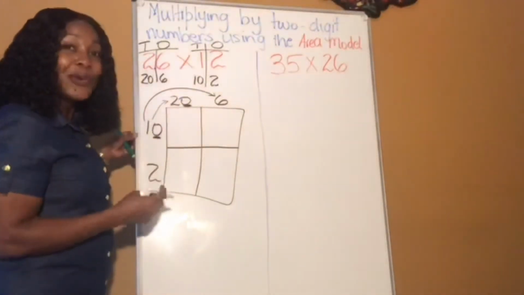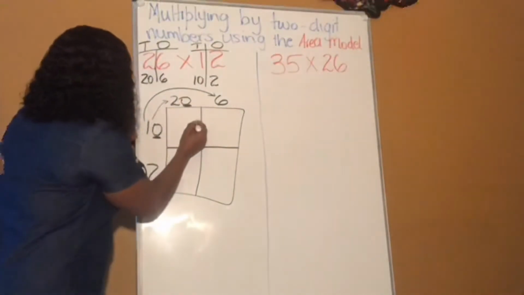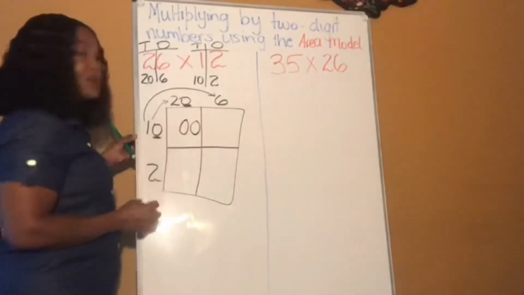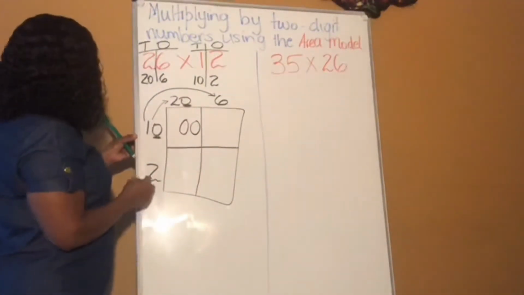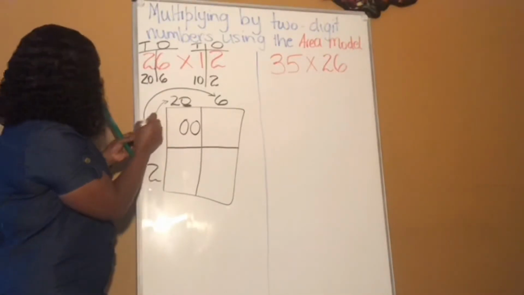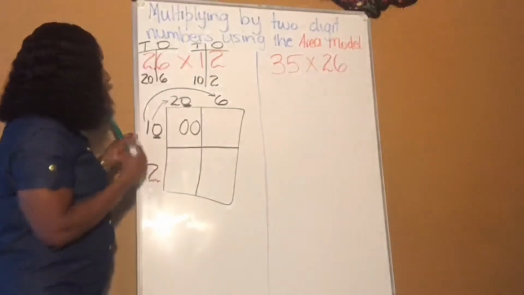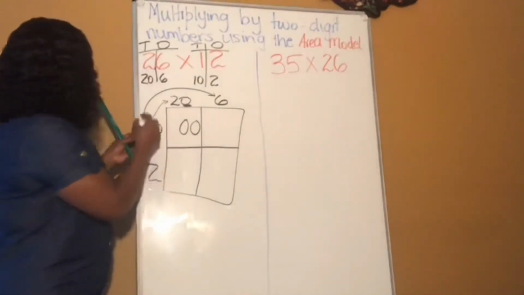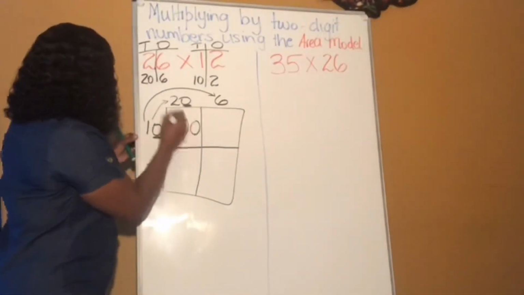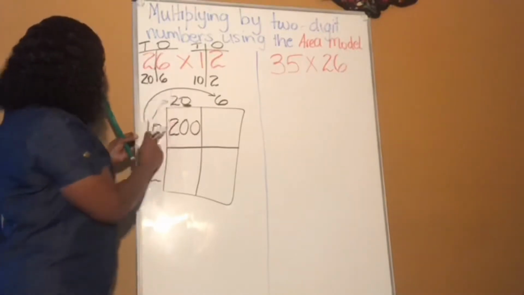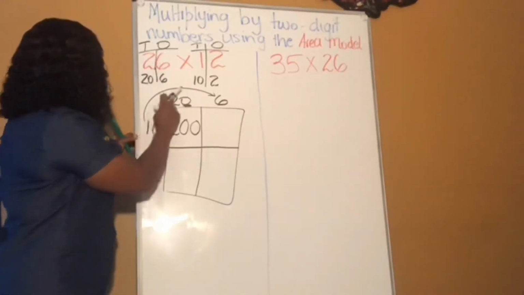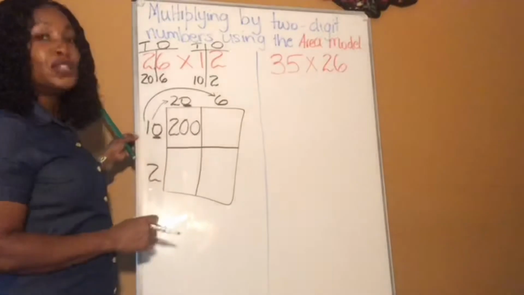It means that we have two zeros, so we need to write two zeros down. Then we're simply multiplying 1 times 2. Remember, anything you multiply by 1, you get it back. So 1 times 2, still 2. So 20 times 10 or 10 times 20 is 200.